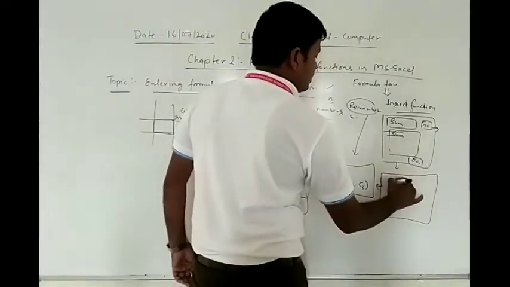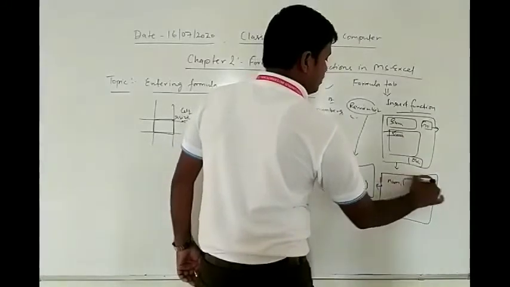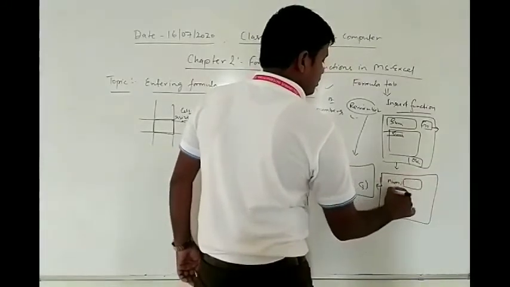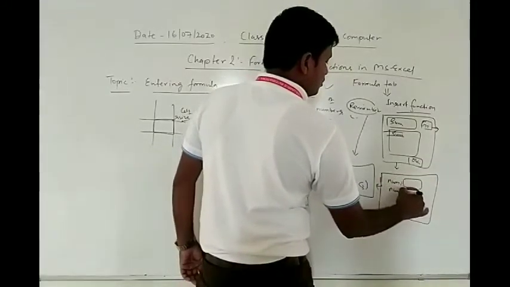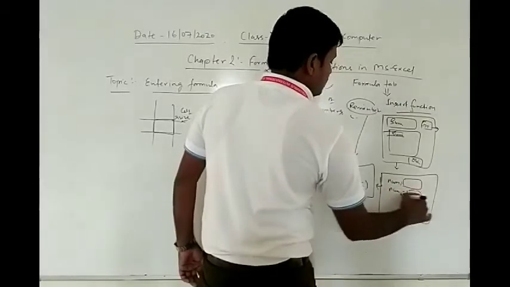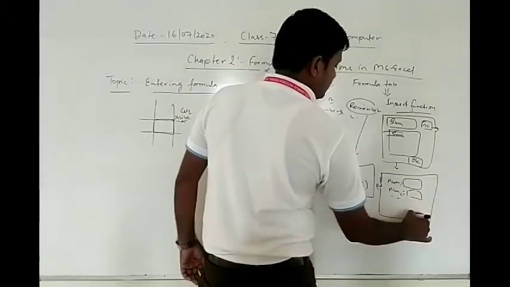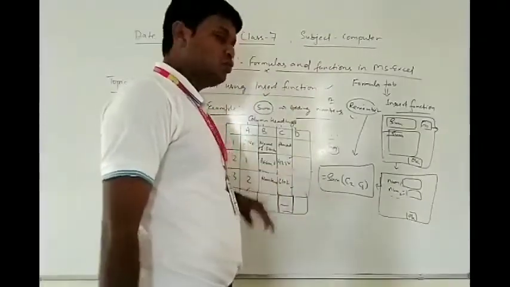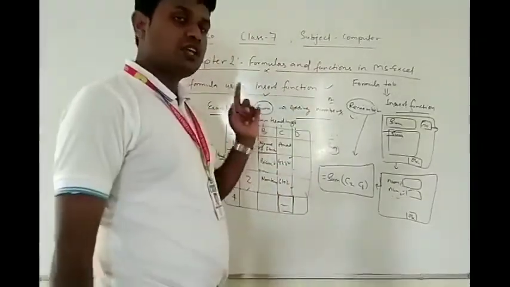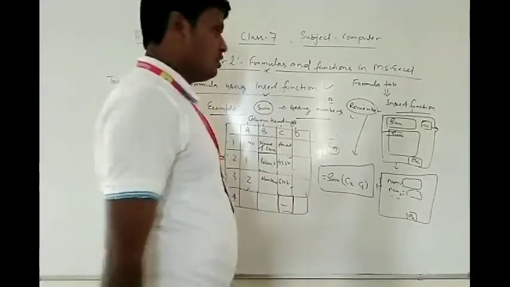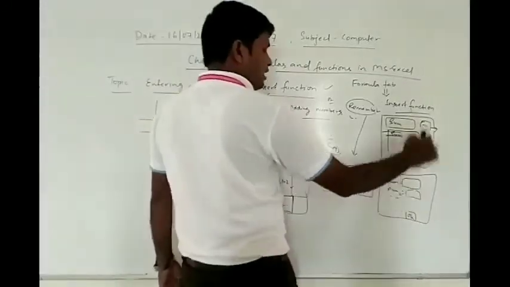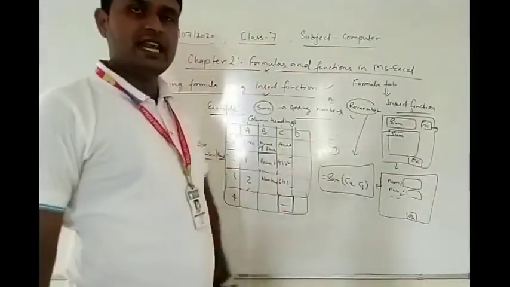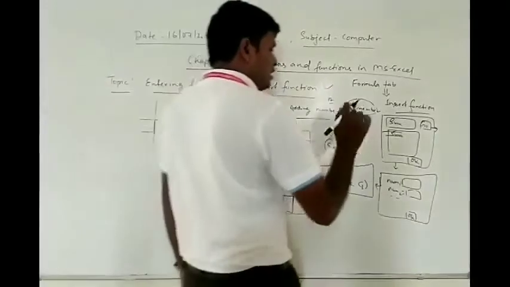On there it is written num1, num2, num3, and so on, then OK. Those cells you need to calculate, either you type the cell name or you type the value.